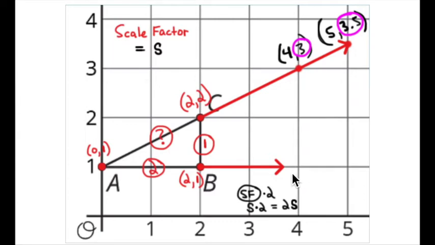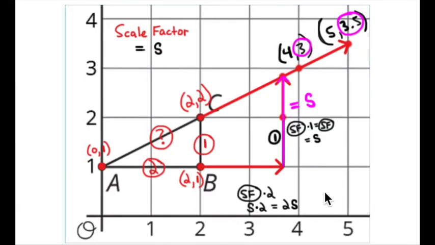All right, so subtle point. The x length is going to be the scale factor times 2. And the vertical length is going to be the scale factor times 1, because the vertical length is 1 unit. Anything times 1 is that value, so the vertical length is just going to be the scale factor.